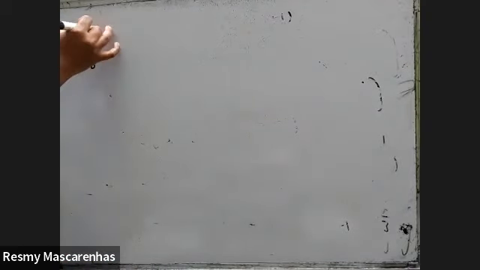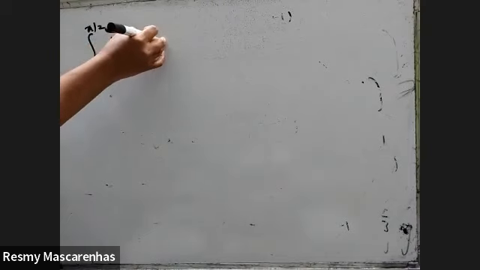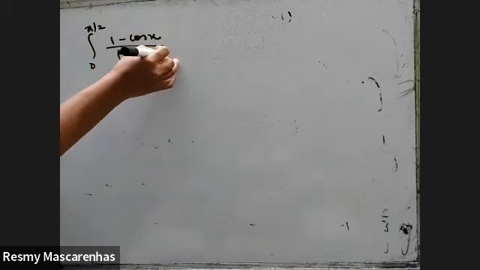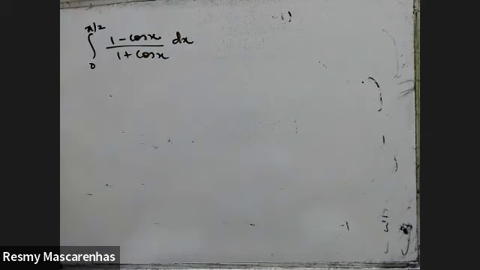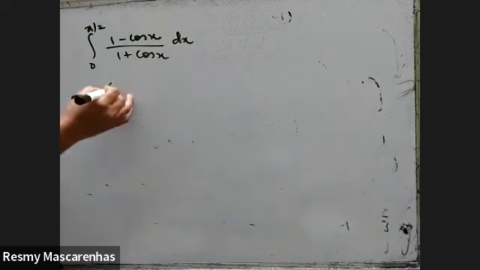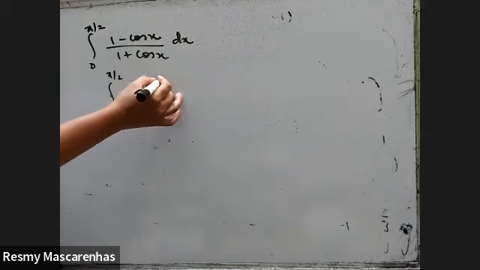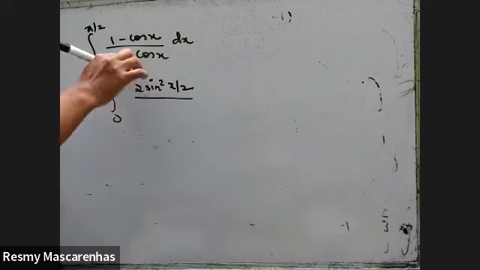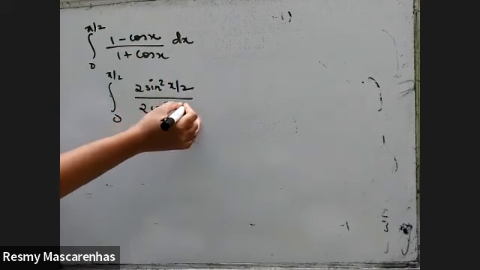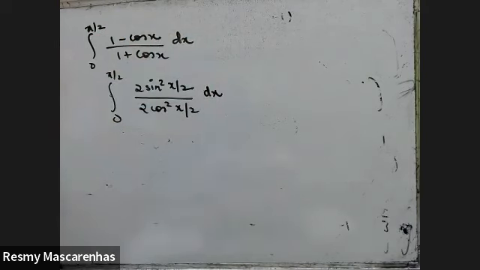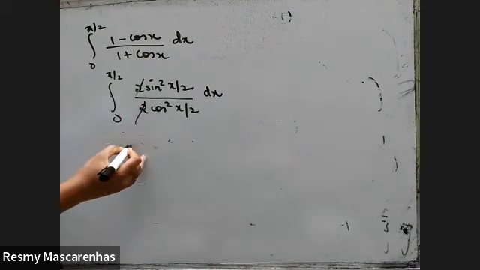Next one, 0 to pi by 2. This is a simplification of trigonometric functions. 1 minus cos theta is always equal to 2 sine square theta by 2, and 1 plus cos theta is 2 cos square theta by 2. The 2 and 2 will cancel.